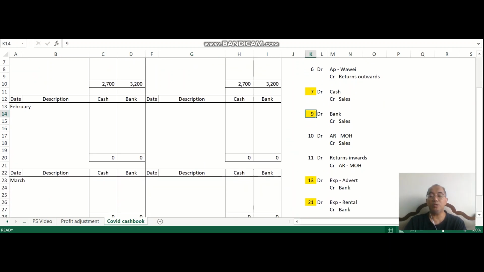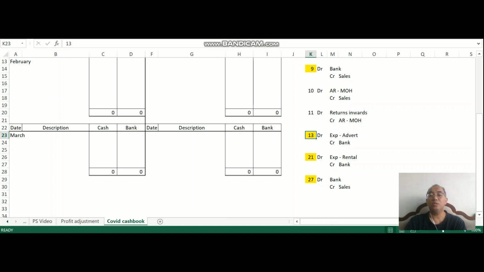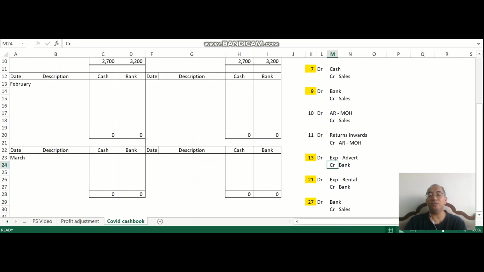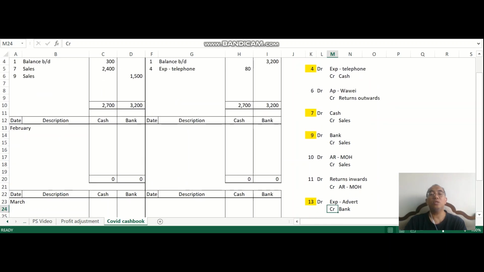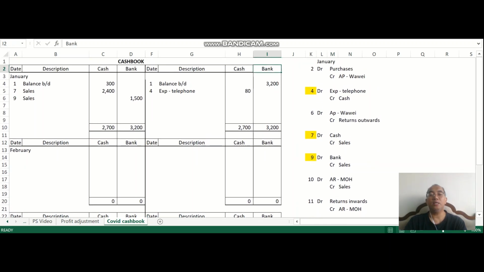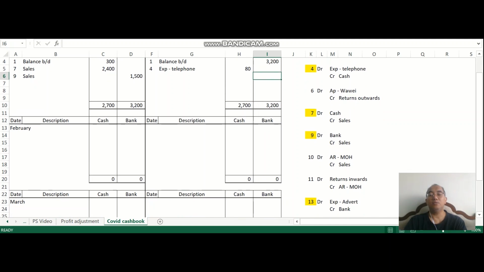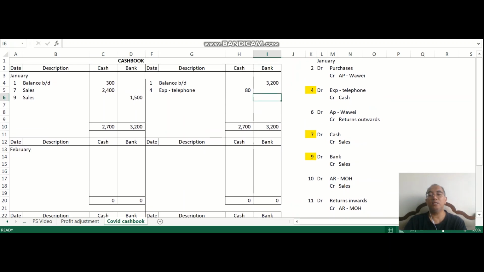Okay, let's move on to the 13th of January. We have bank at the credit side. So this is the credit side, and we go to the bank column.